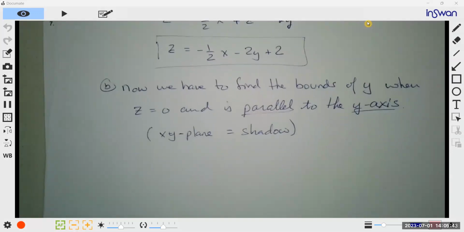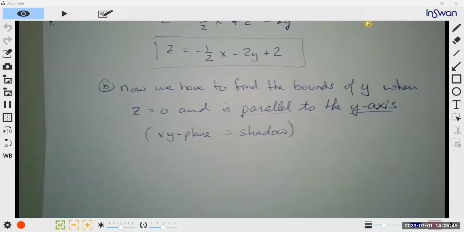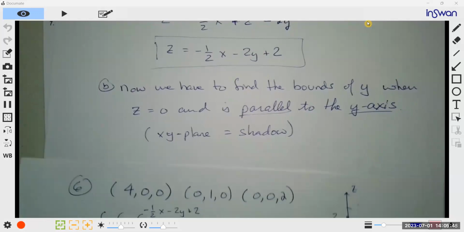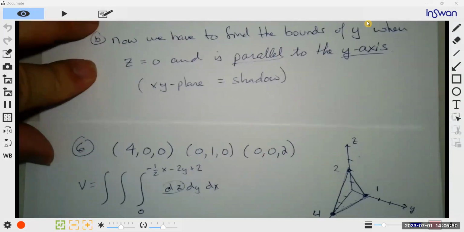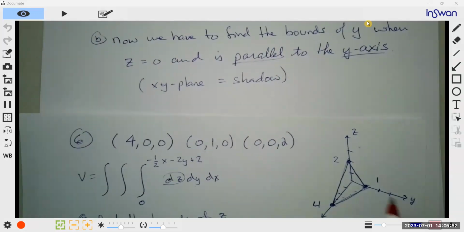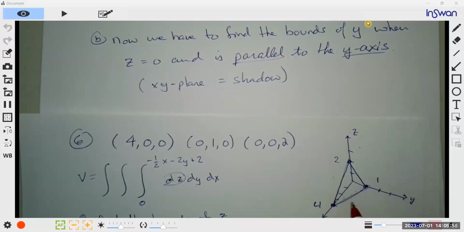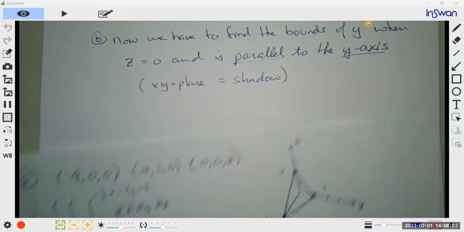Where's our graph? So parallel to the y-axis. So we know it starts at 0.